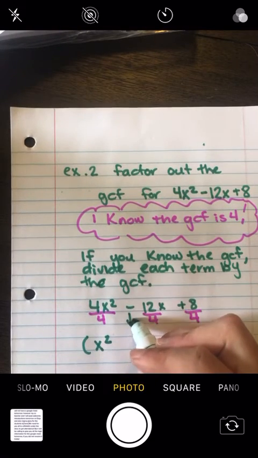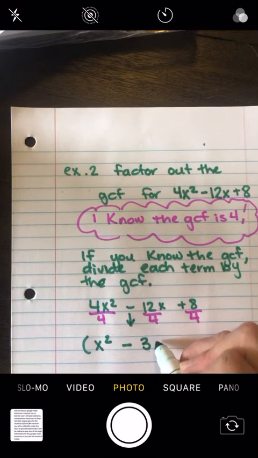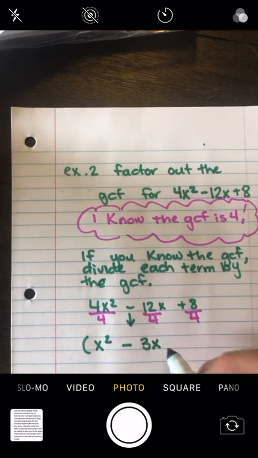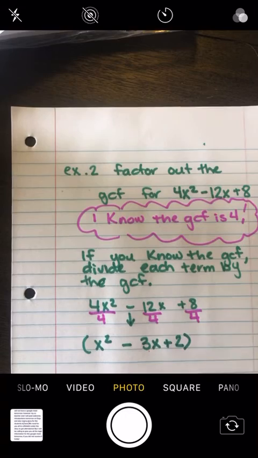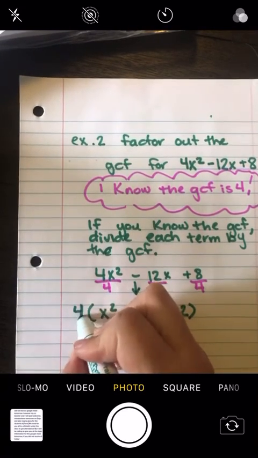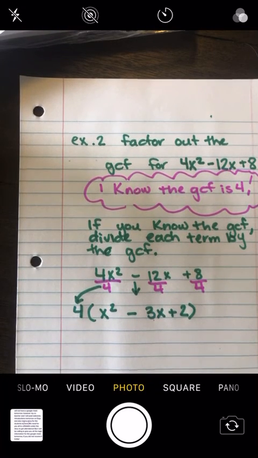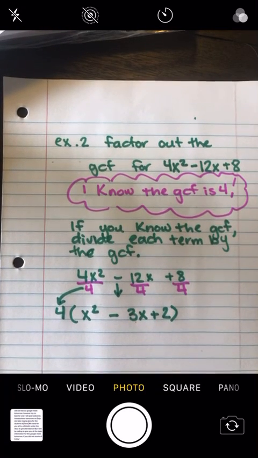I bring down the minus sign. 12x divided by 4 is 3x. And then 8 divided by 4 is 2. And now I'm going to put the GCF in the front. Okay? And those are the two ways that you can factor out the GCF.